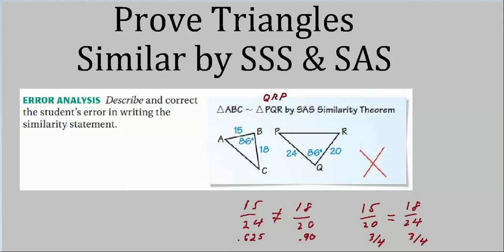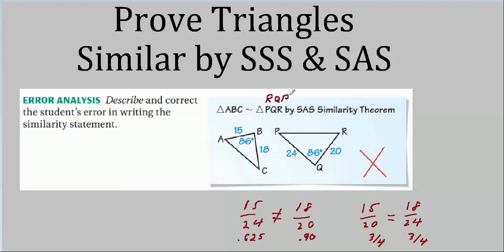Oh darn, that's not right either. It's R. I could have said QR or RQ. The way my day's been going, naturally I had a 50-50 chance and got it wrong. So A corresponds to R. I think the Q still goes with the B. So if he had written ABC is similar to RQP, he'd be right.